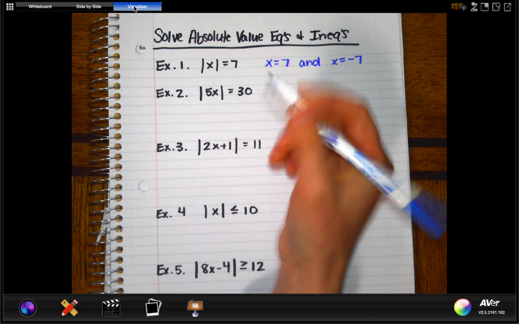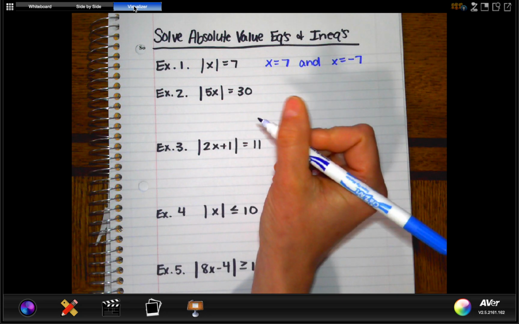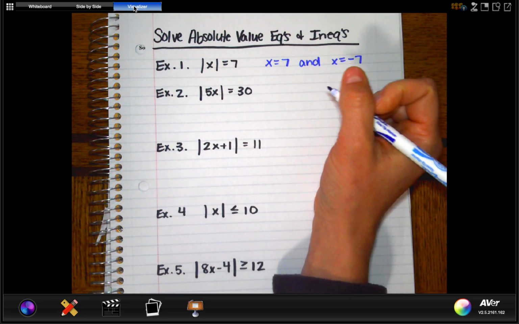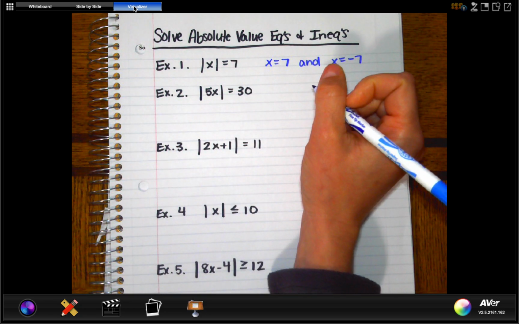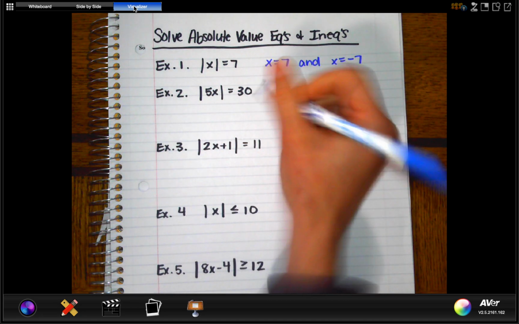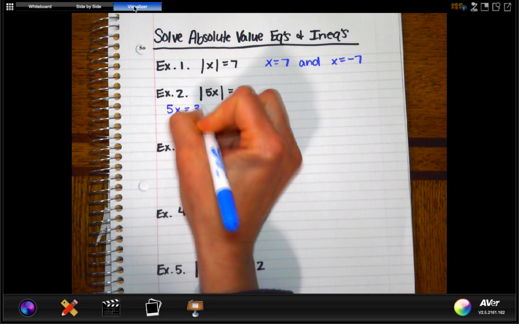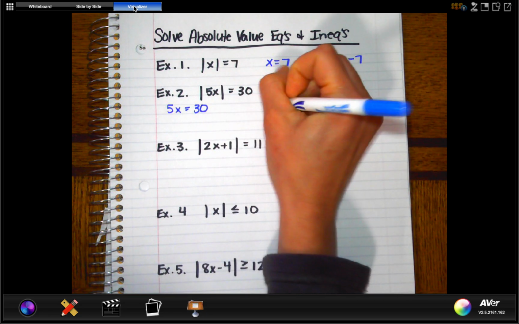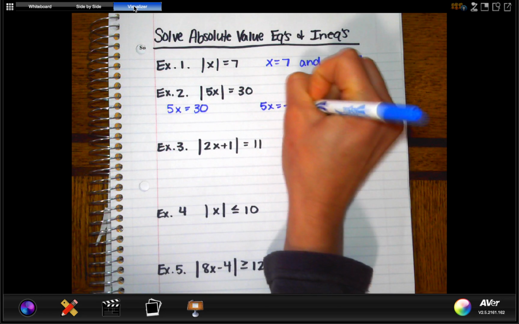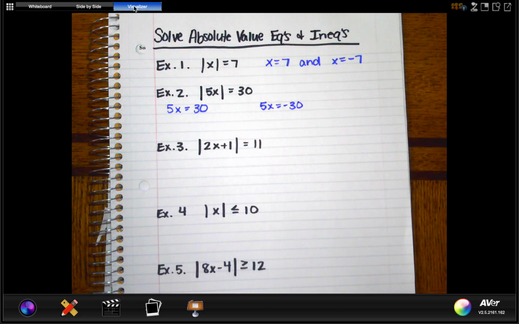So basically what's going to happen when we're solving the absolute value equations is we're solving really the positive version and the negative version. So like here, this is saying 5x equal 30, and we're also solving 5x equal -30 to get two separate answers here, okay?